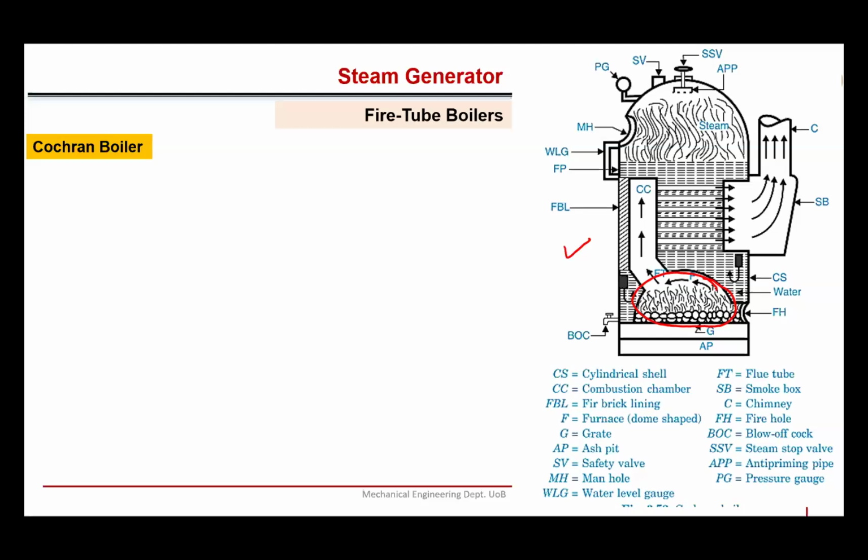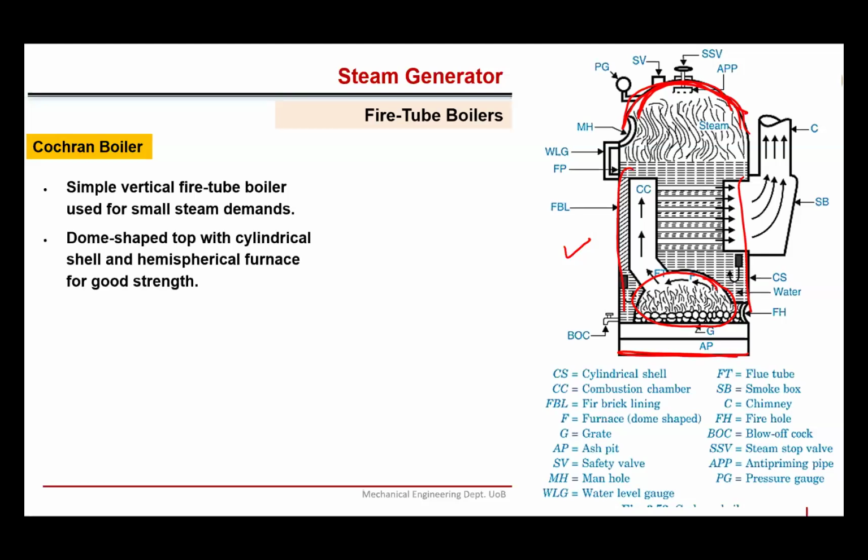These are used for small steam demands. Here you see a dome shape from the top with a cylindrical shell. The shell is cylindrical, with a hemispherical end at the top. Right. So this is a very compact boiler. It requires very little space.